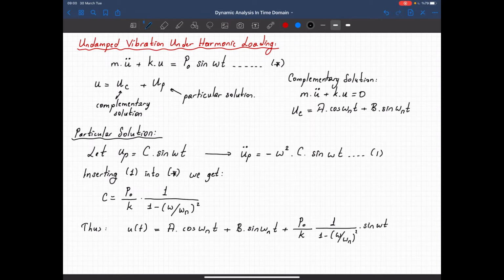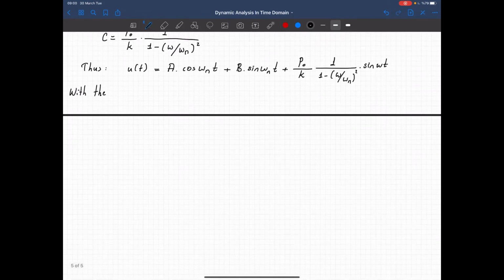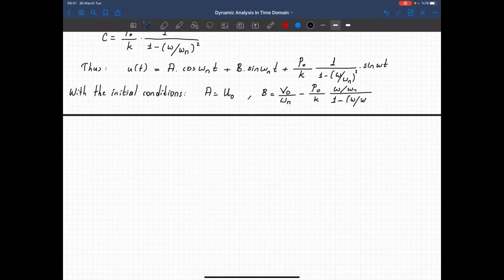So with the initial conditions, A will be equal to the initial displacement, and B will be equal to velocity divided by omega n minus P0 over k times omega n divided by 1 minus omega over omega n squared, and that will be the solution for undamped vibration under harmonic loading.